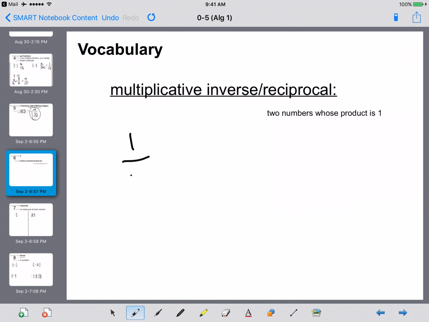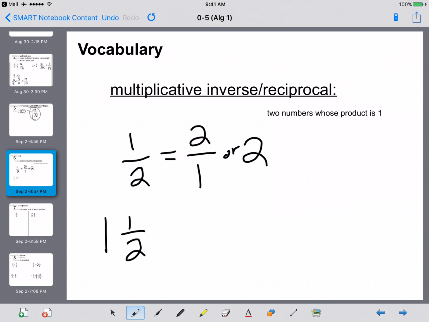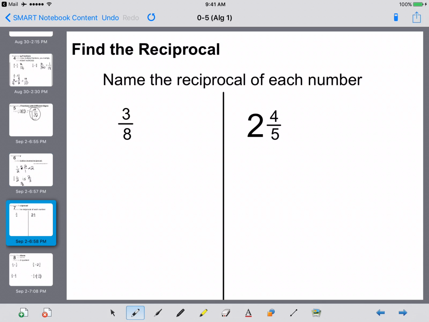So here, 1/2, its reciprocal is 2/1, or just 2. 1 and 1/2, its reciprocal, first you need it in an improper fraction. 2 times 1 is 2, plus 1 is 3. So 3/2, then you just flip. So 2/3. So the reciprocal of 1 1/2 is 2/3.